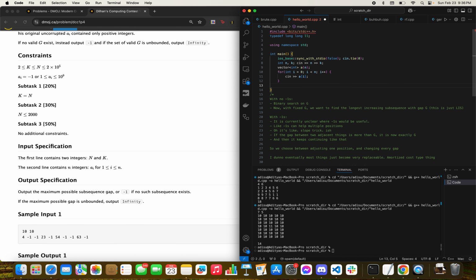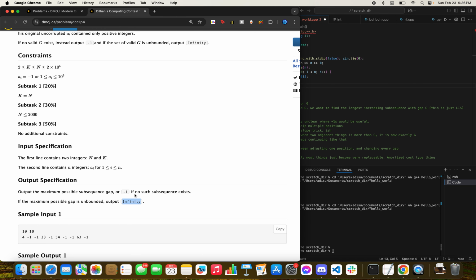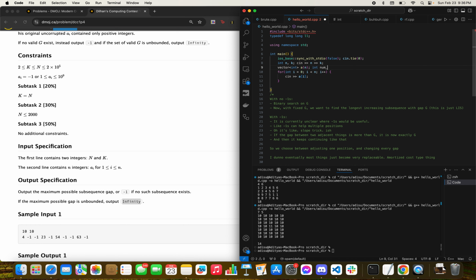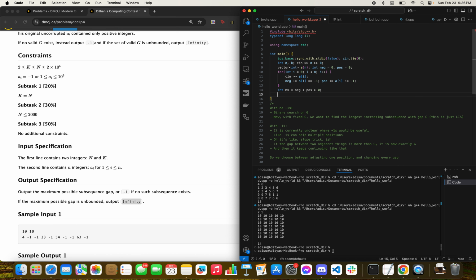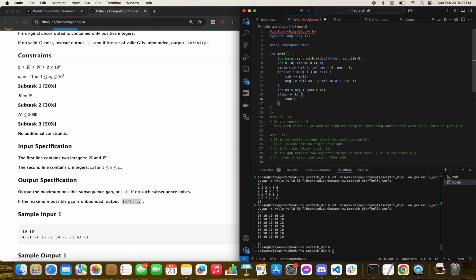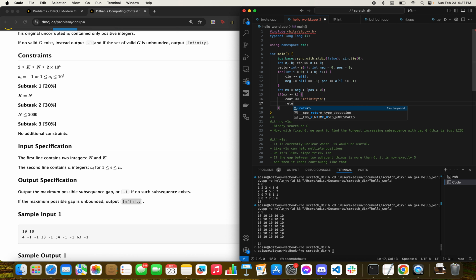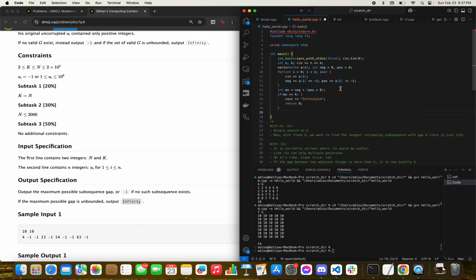All right, what goes on here? We want to first capture the infinity case, right? All right, so that should cover that.